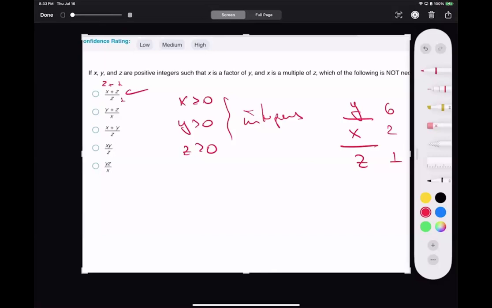It is an integer. But 6 plus 1 divided by 2 is not. Okay?